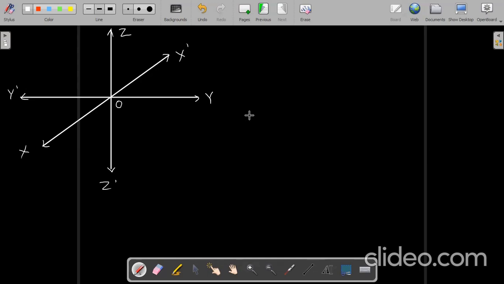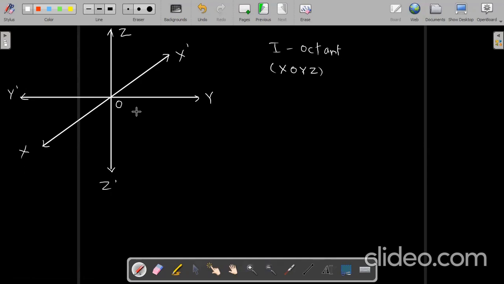Okay. So our first octant will be X O Y Z.